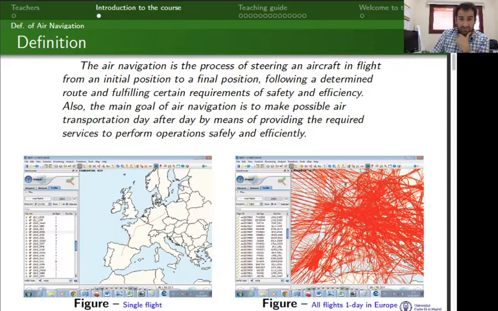Now, as for the introduction to the course, the first thing: what is air navigation? I always try to bring a dual definition, which has to do with a dual concept or a dual vision. On the one hand, you have the process of steering one single aircraft in flight from an initial position to a final position.